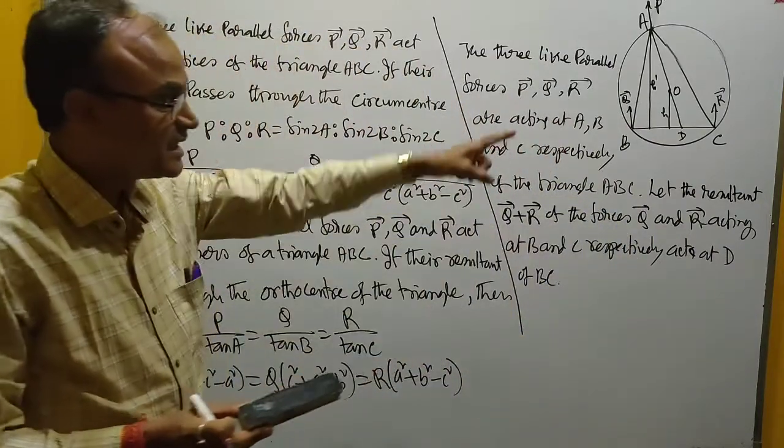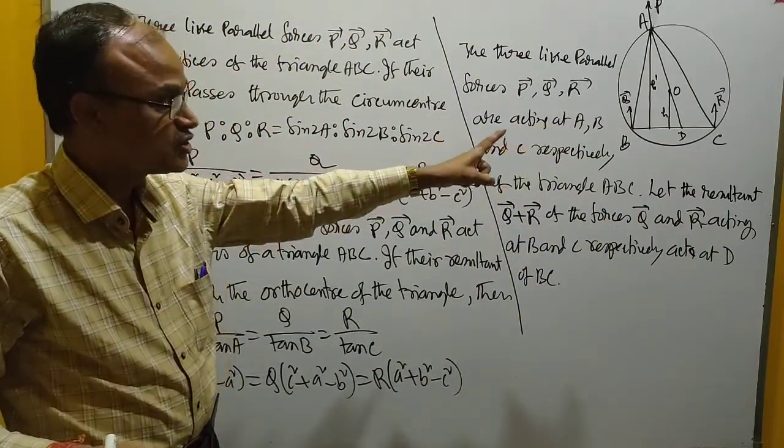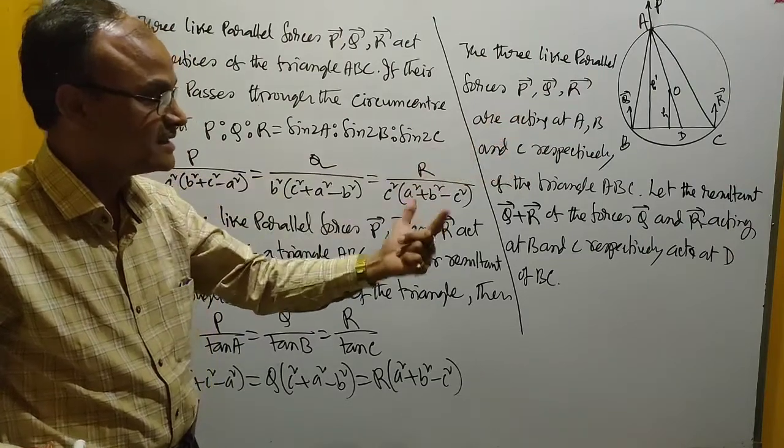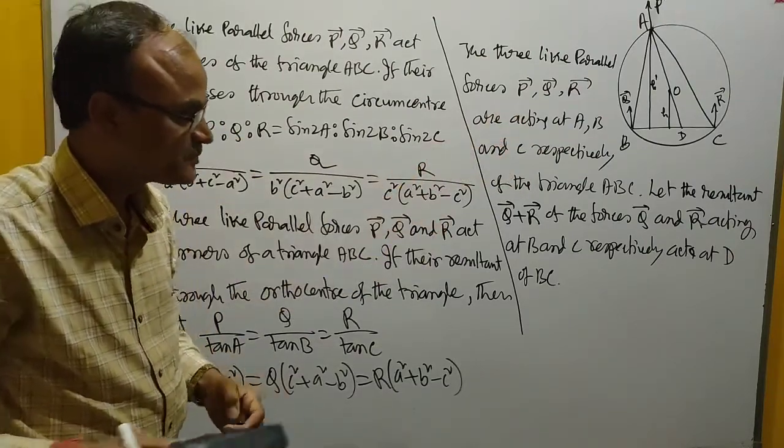D is a point on BC. At the point D, the resultant of Q and R acts.